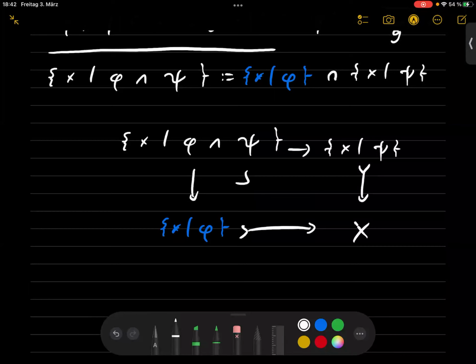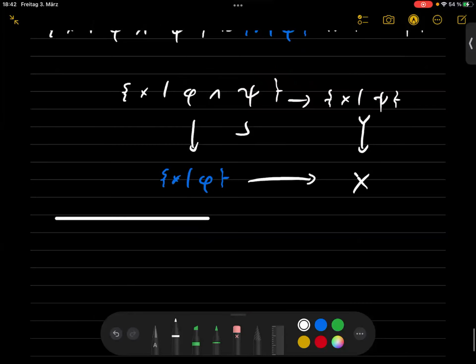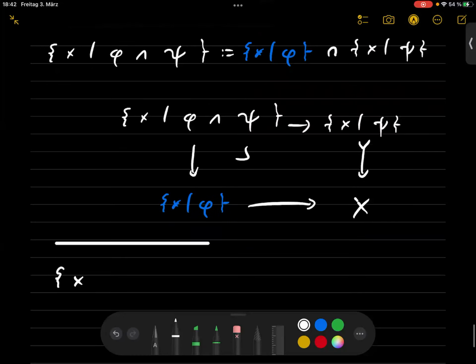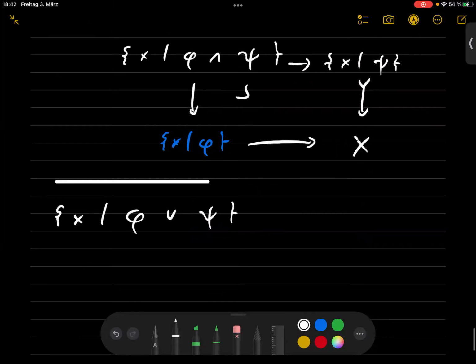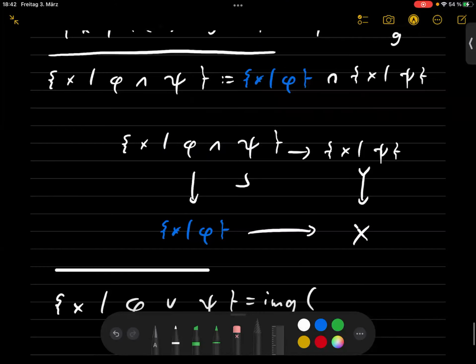Then how could we interpret the disjunction? This would be, wait, okay, now it works. Disjunction would be as follows: here we take the image of the morphism that comes from, well, again, the same two guys.